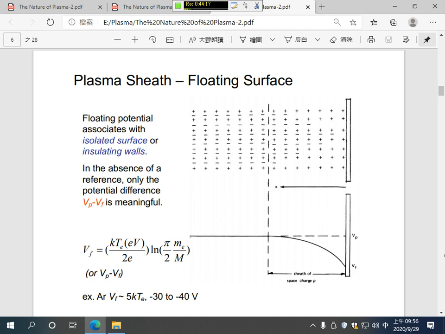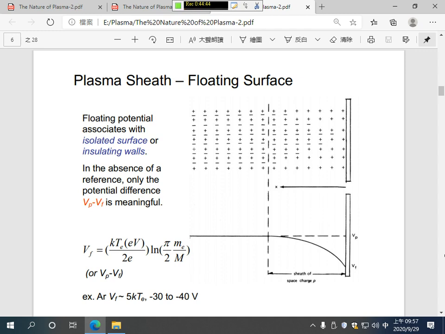So the surface of the insulator will not charge up more. It will just reach a steady condition, negative charge, but the number of charges will remain the same.